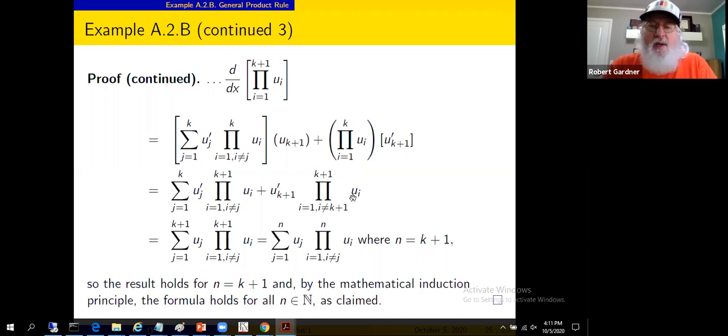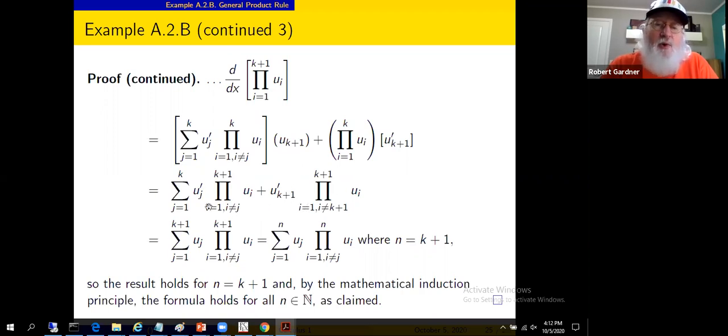Hey, look at this. This stuff here looks exactly like this stuff within the summation, except here we've got a sub j, and we've got an i is not equal to j. Here we've got a sub k plus 1 and an i not equal to k plus 1. Everything else is identical. You got the primes here, you got the u sub i's here, the upper bounds are the same. So everything within this summation, not the summation itself, looks exactly like this.